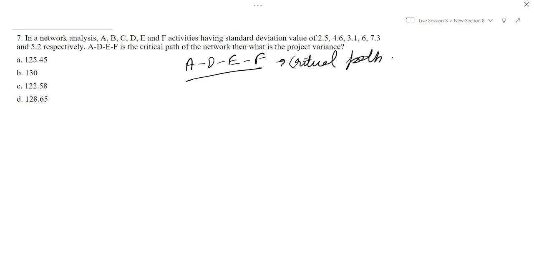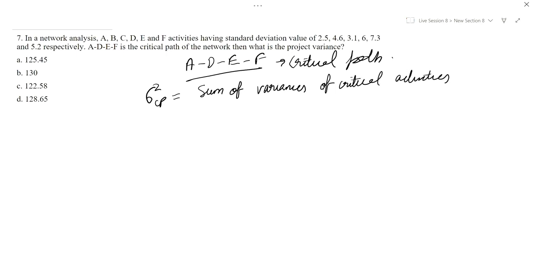Now, what is the project variance? The project variance is equal to the sum of variances of critical activities.